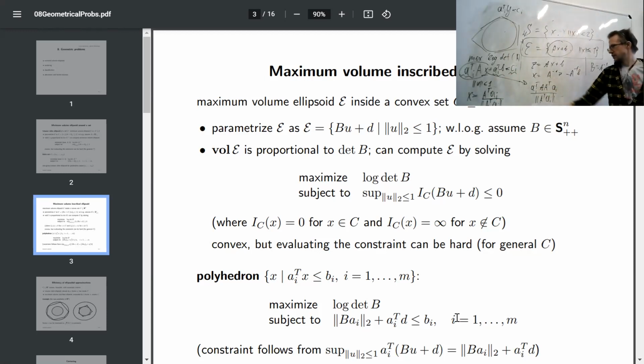But notice that this guy is nothing else but the norm of A. I mean, let me write. This is just a square, norm squared, right? The norm is a square root of the dot product, right?